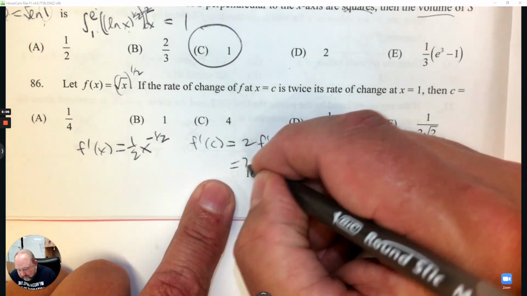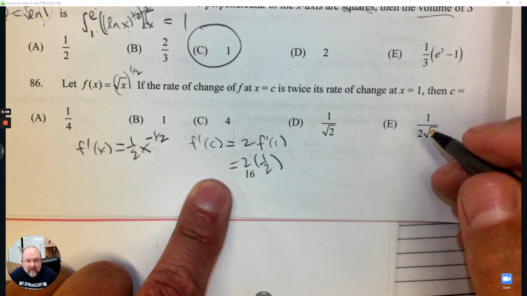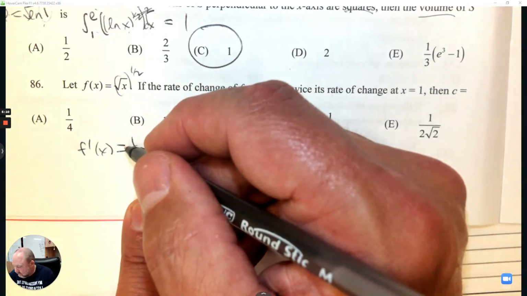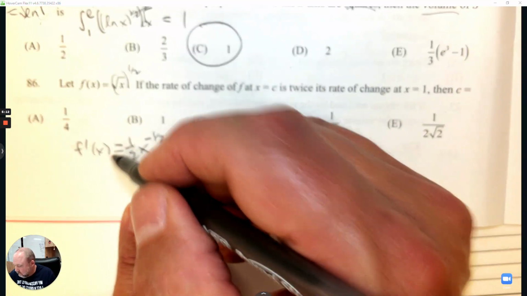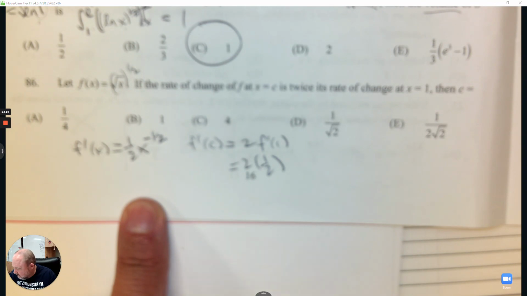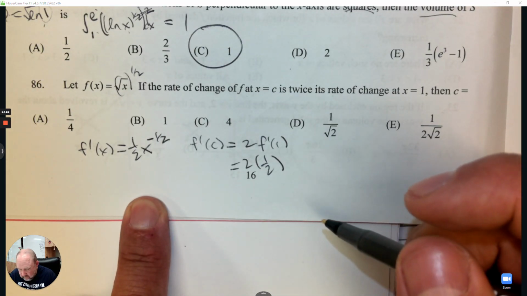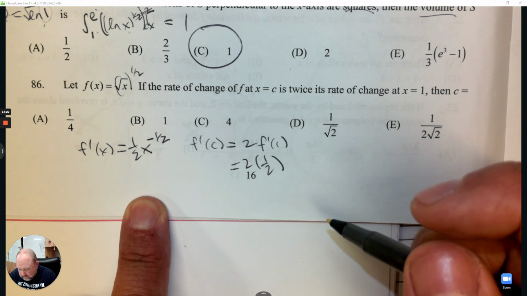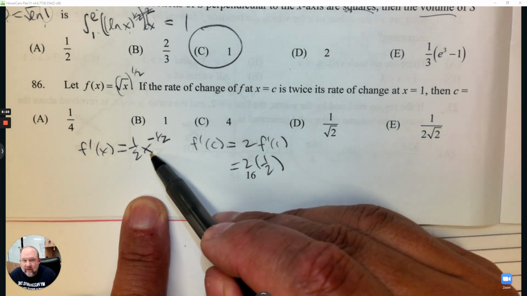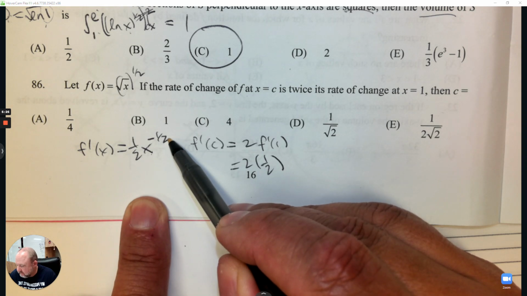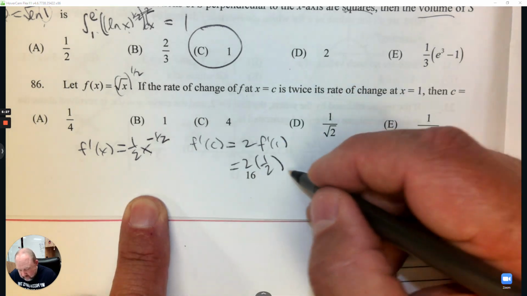That's just 1/2. So this is 2 times 1/2, and that answer is 1. Oh, sorry, 1 to the, yeah, so it's 1/2. So that answer is 1.